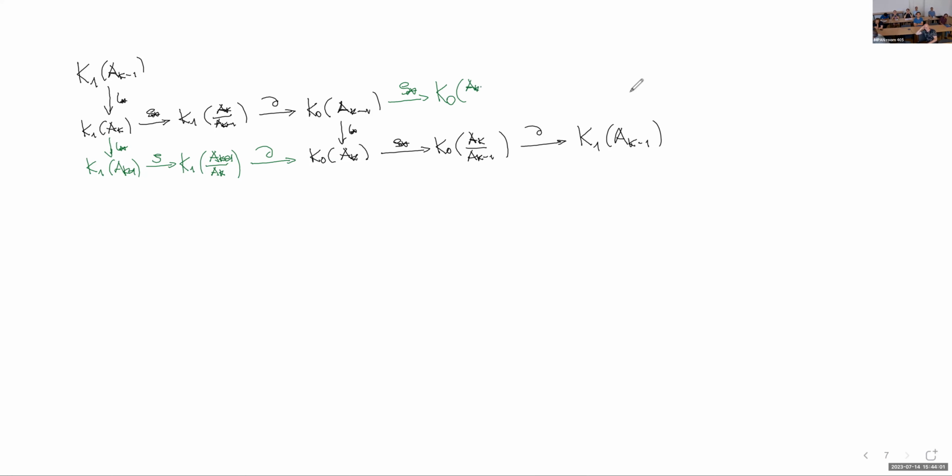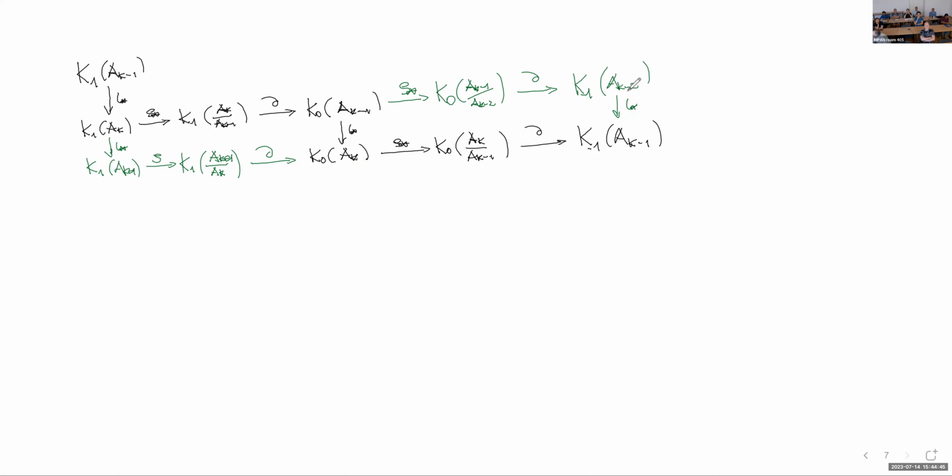K minus 1, and this would be K minus 2. Boundary map, we could call it minus 1, but it's okay. For some notation, it's better to take minus. So we have A K minus 2, and here is inclusion. Now, this one is exact.